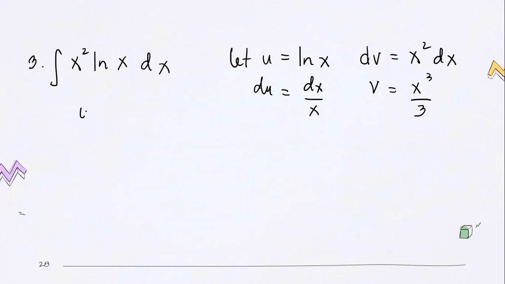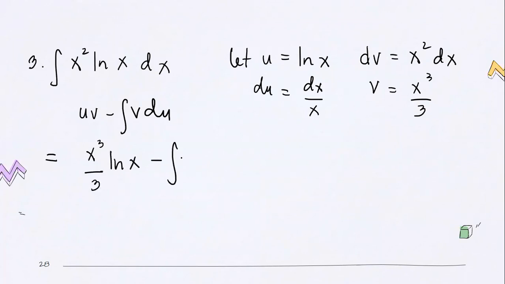Again, for the formula, uv minus the integral of v du. Therefore, that is x cubed over 3 ln x minus the integral of 1/3 x cubed dx over x.